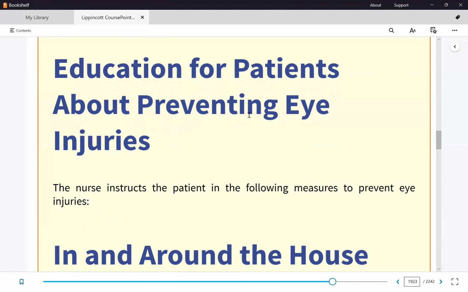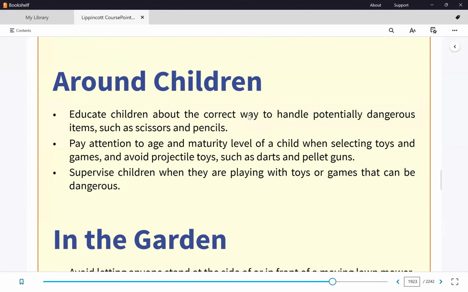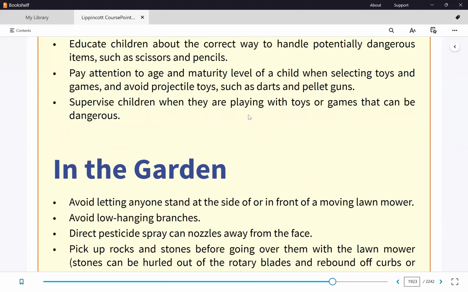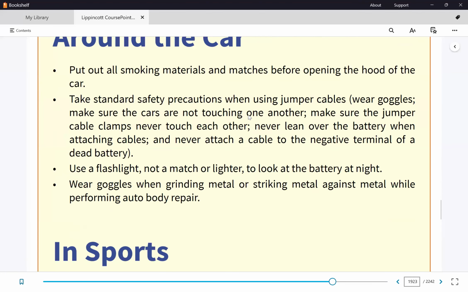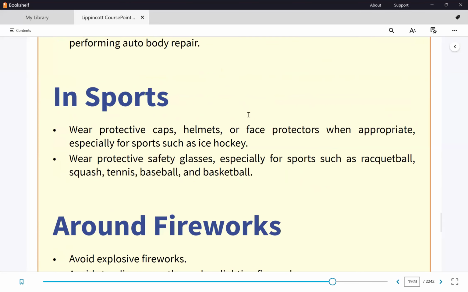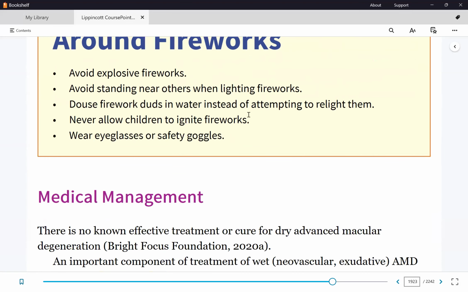And here's your teaching. This is for eye injuries though. There's self-explanatory eye protection. You would think that these are common sense, but since they had to write this and put it in the chart, I guess.